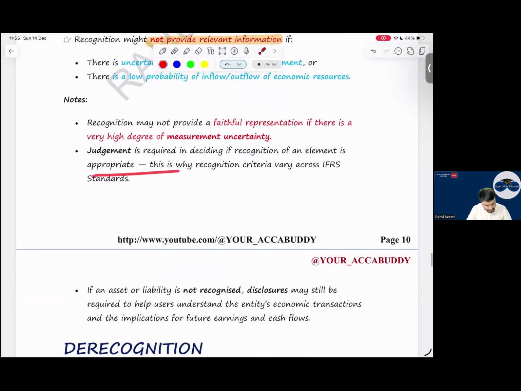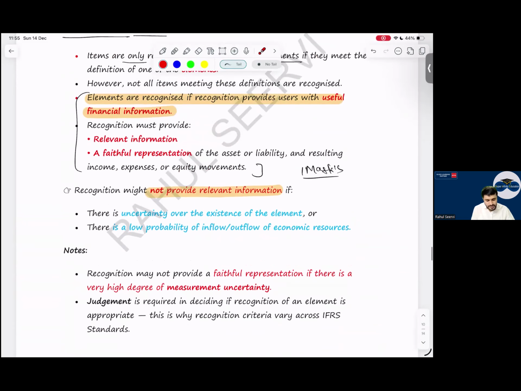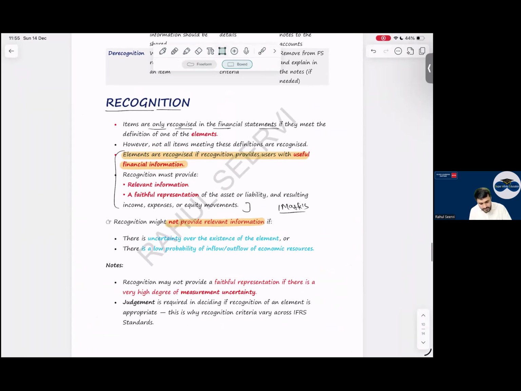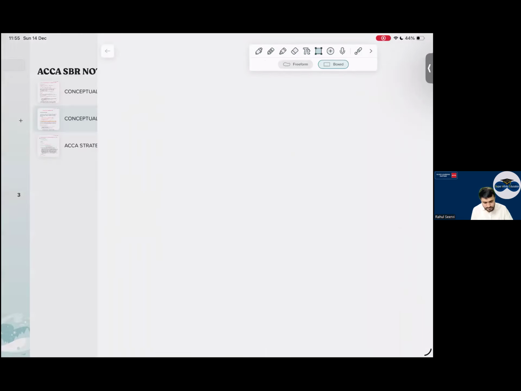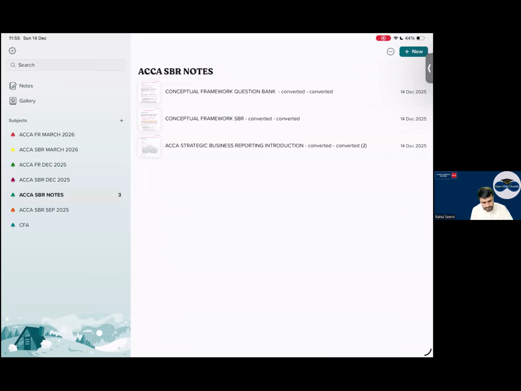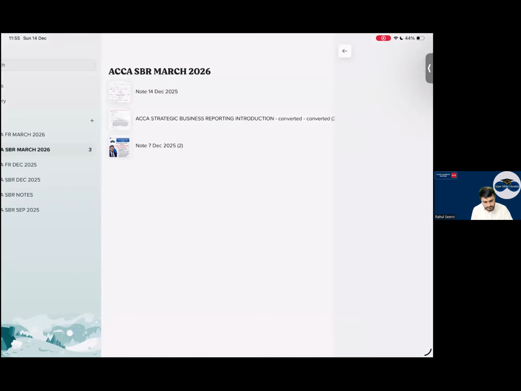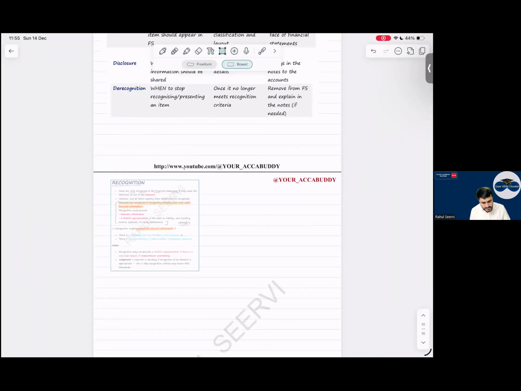If an asset or liability is not recognized, disclosure must be provided. If we do not recognize, disclosure should be provided. Understood the recognition part? A very important part. Recognition: when should we recognize the information?